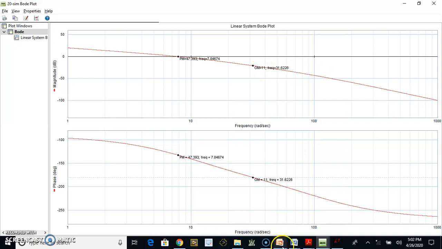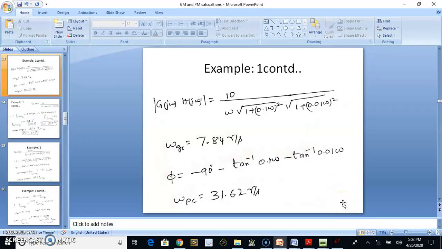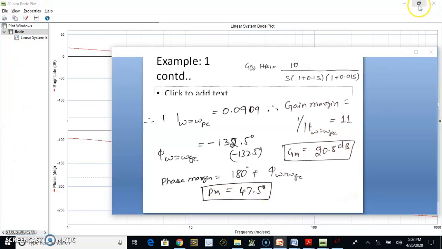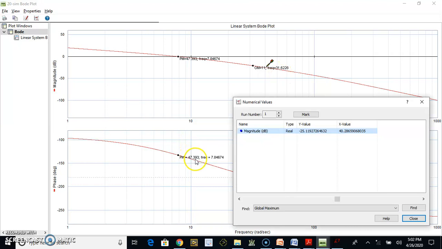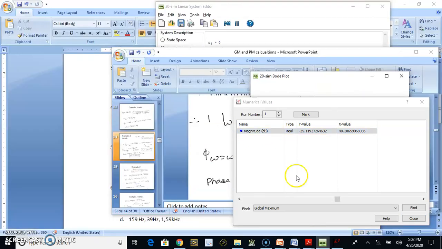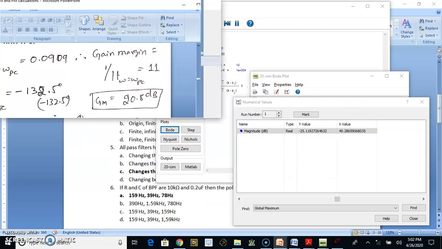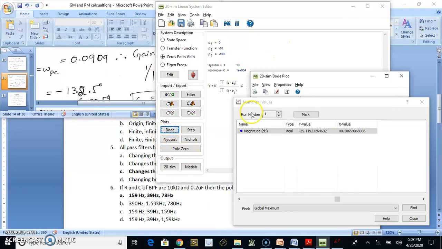So we are getting a gain margin of around 11 and a phase margin of 47.5, which you can also see in the plot. The gain margin is 11, and the phase margin is around 47.3, which is almost the same as the 47.5 we calculated.